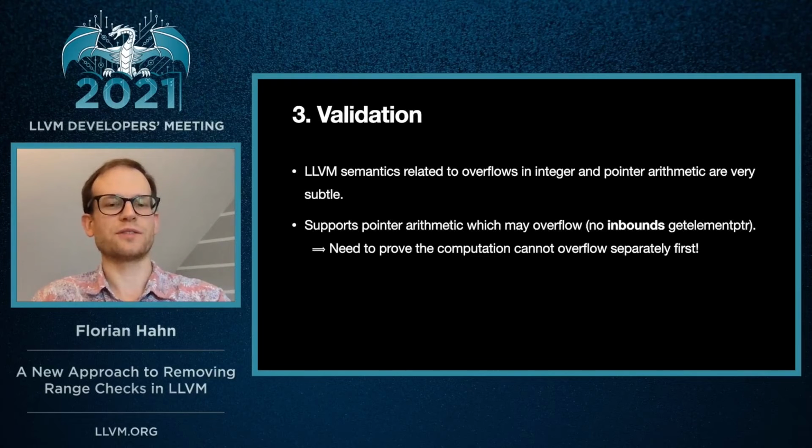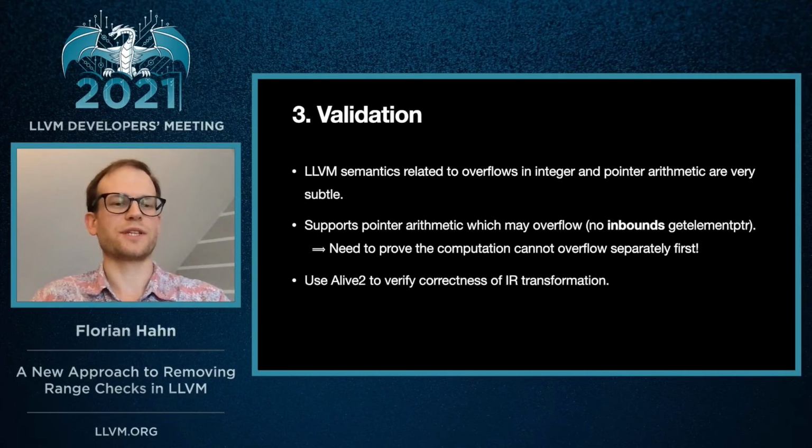So the transformation also supports get element pointers that are not inbounds. To support those, we need to prove that the computation cannot overflow, and we need to do that separately first. To make sure the transformation handles all those cases correctly, we used LLVM to verify correctness of the IR transformation from the start.